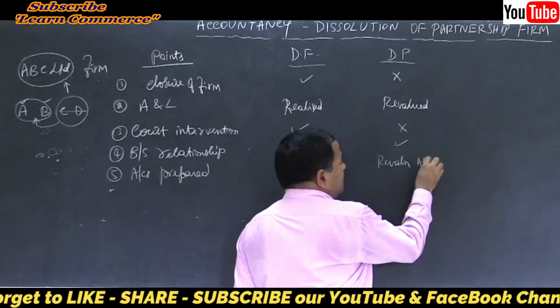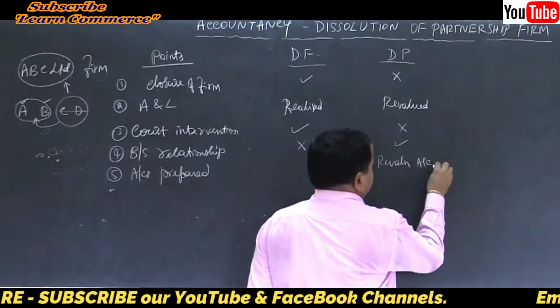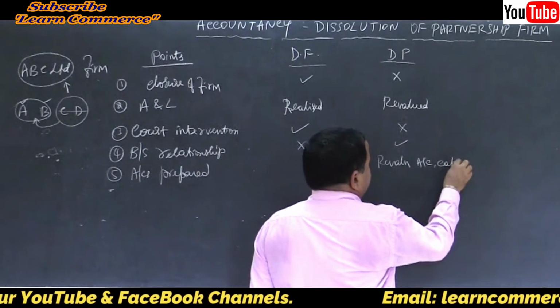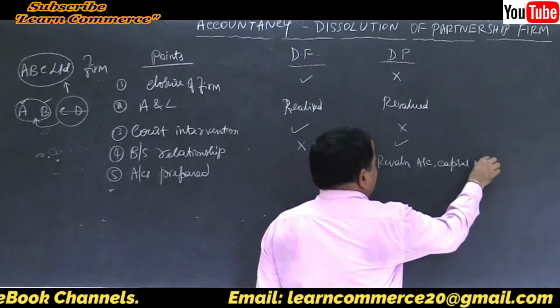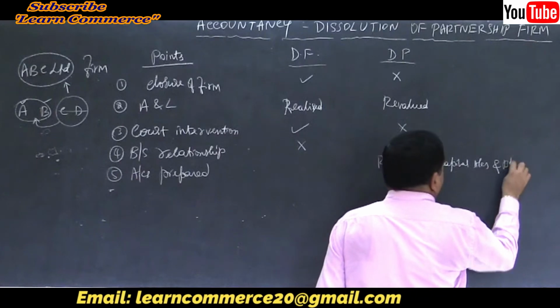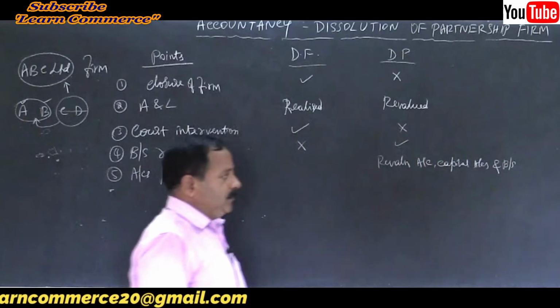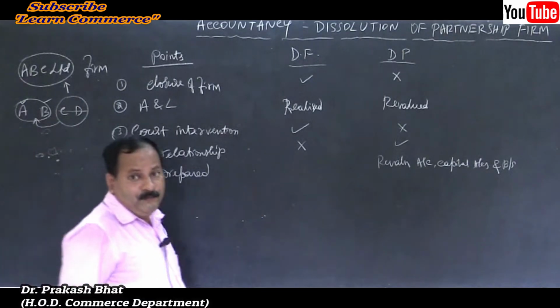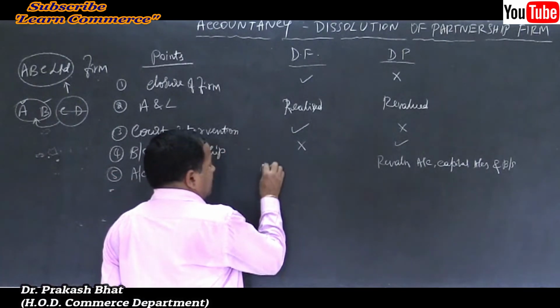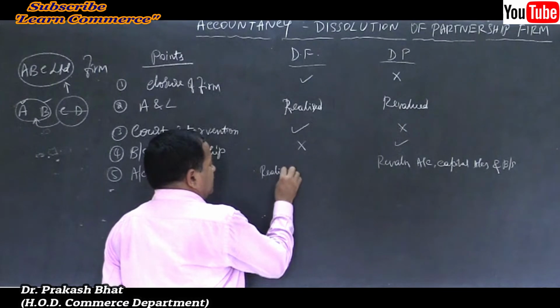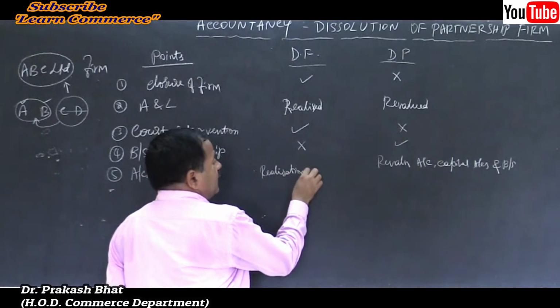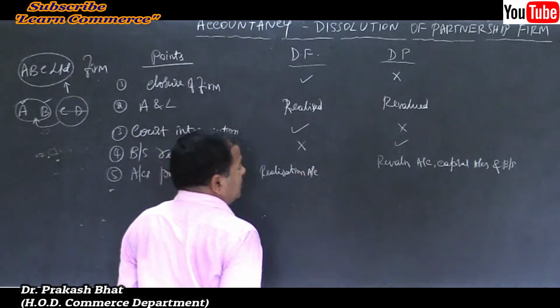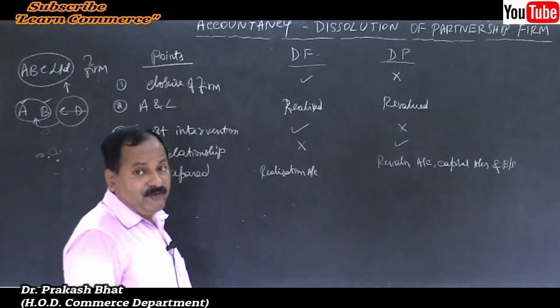Revaluation account, then capital accounts, and you will prepare the balance sheet of the newly constituted firm, right? But in case of dissolution of firm, you will prepare realization account. Here you will not prepare revaluation account, remember, revaluation account.